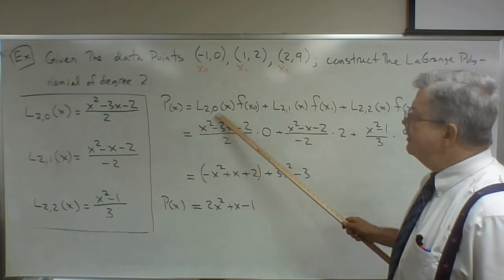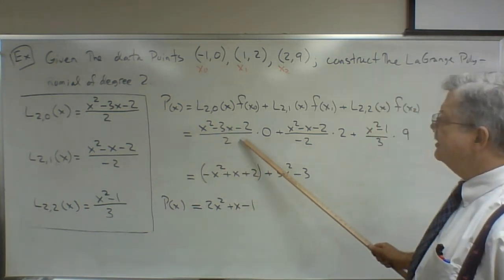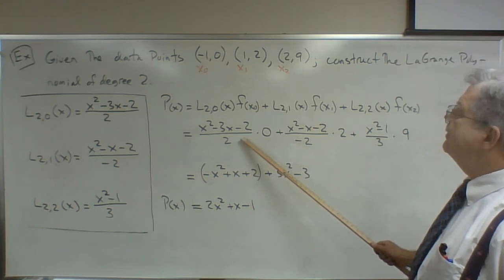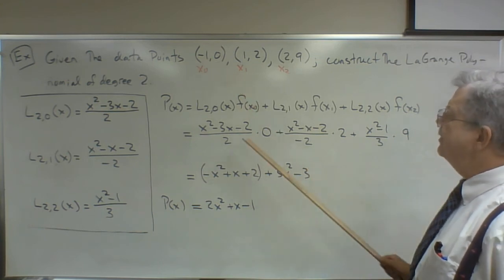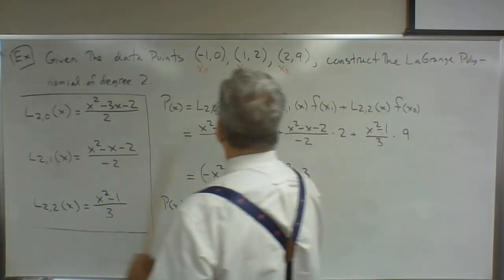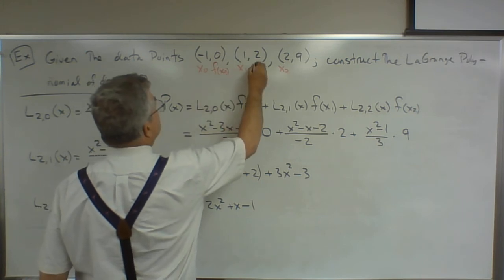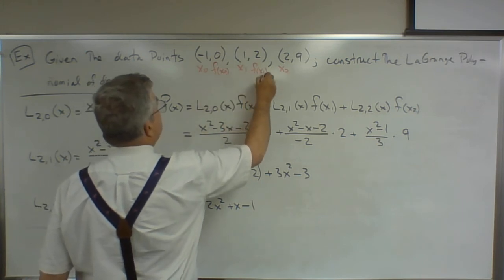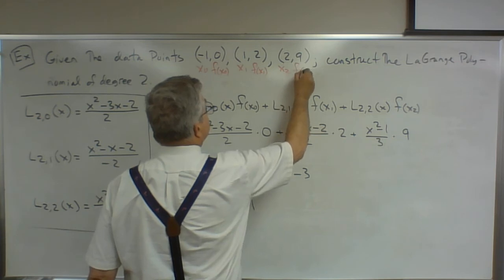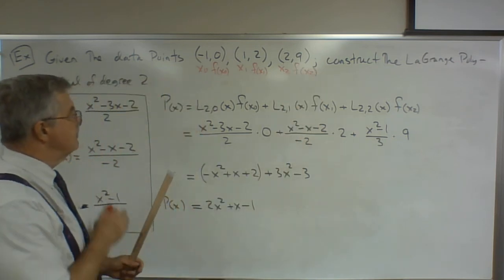Okay, the 0th Lagrange coefficient, that's this polynomial, times f of x of 0 is 0. And let me write f of x of 0 here, just so we know where we're getting these things. Okay, that's better.